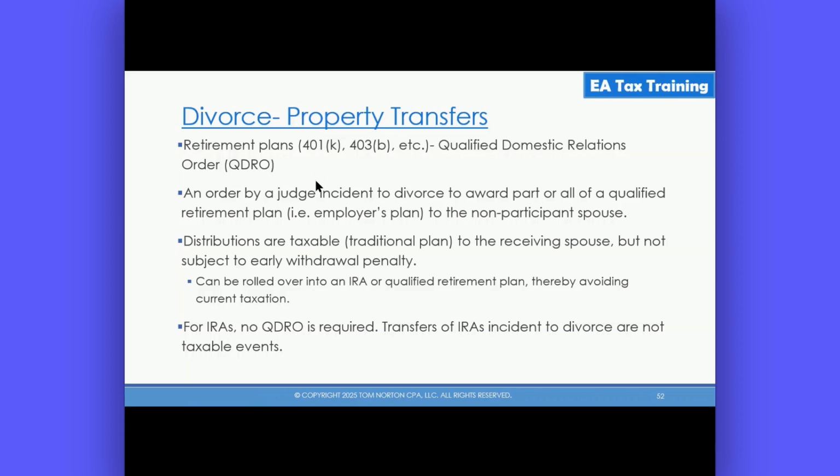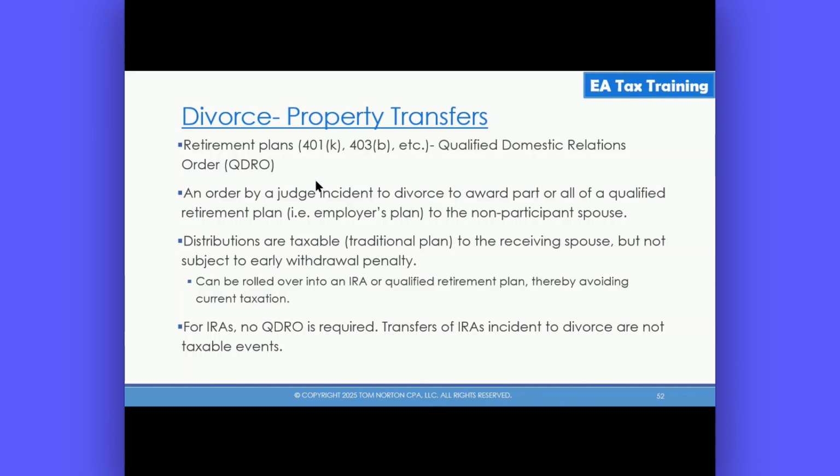When that happens, the judge in the divorce case will issue something called a qualified domestic relations order, pronounced quadro. So they will send that to the plan administrator. The plan administrator will then issue a check to the non-employee spouse.